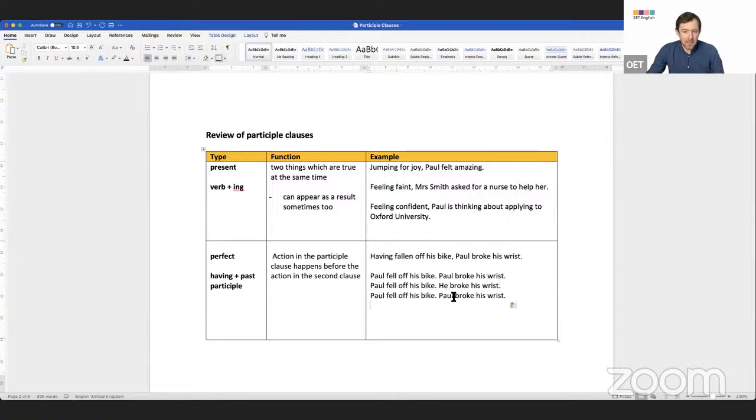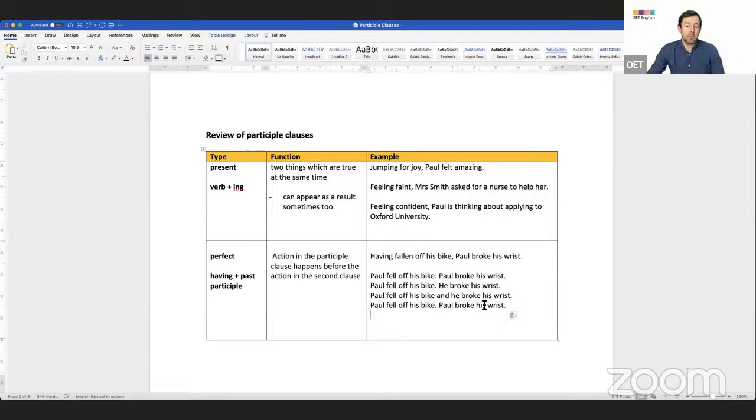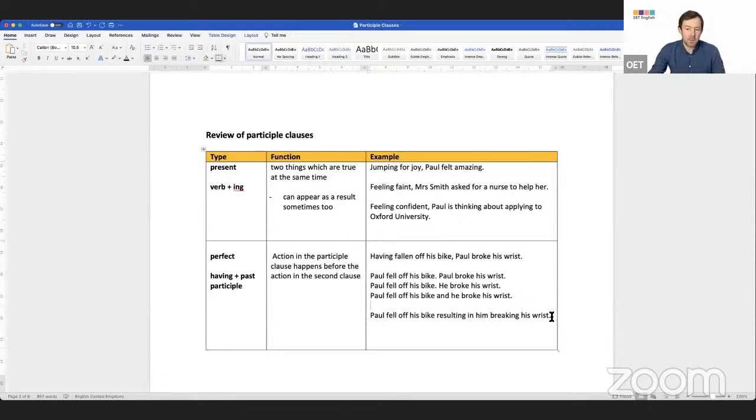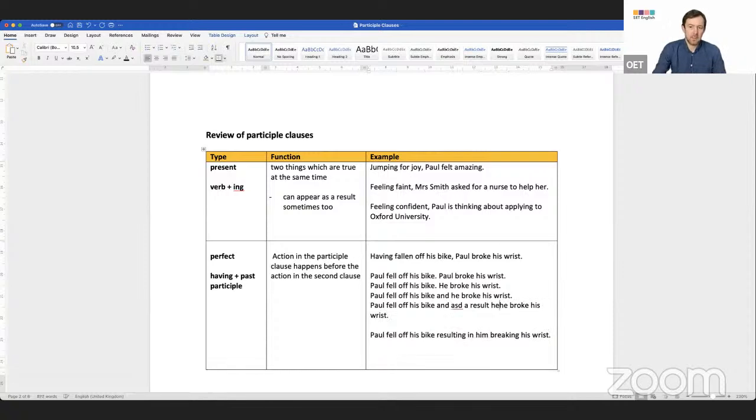Then I could say, and he broke his wrist. Then I could do something like Paul fell off his bike, resulting in him breaking his wrist. Actually, I could probably put one in the middle as well. I could probably say, and as a result. Paul fell off his bike, and as a result, he broke his wrist.